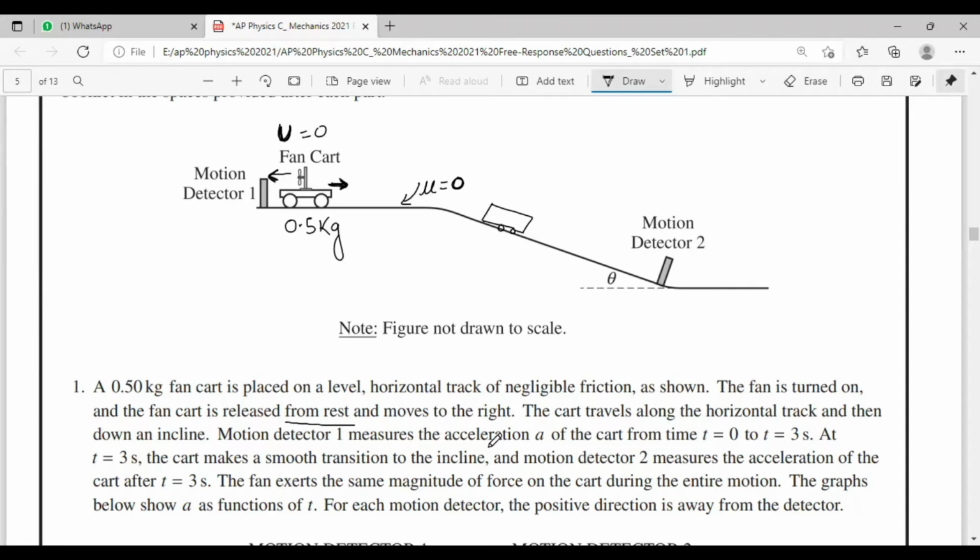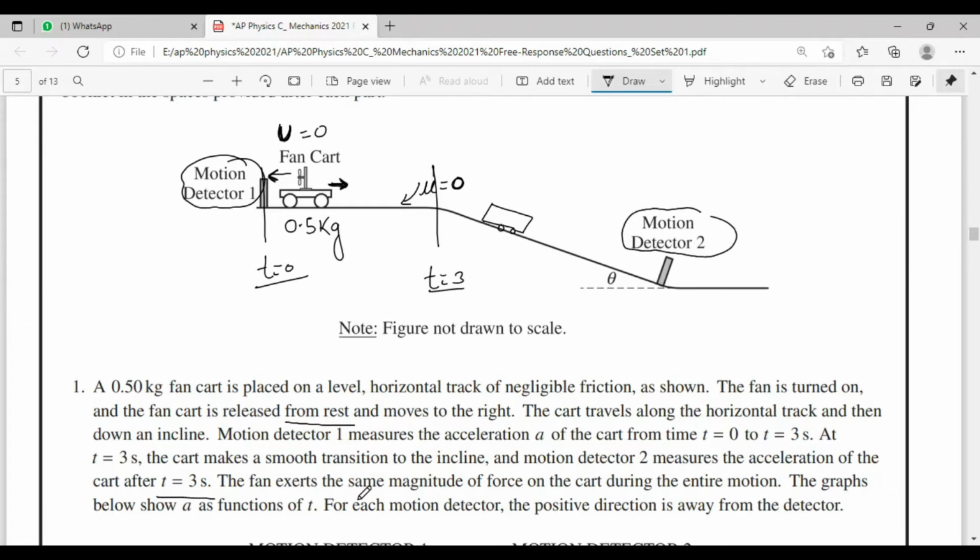Motion detector 1 measures the acceleration a of the cart from time t equals 0 to t equals 3 seconds. So this is motion detector 1. At t equals 3 seconds, the cart makes a smooth transition to the incline, and motion detector 2 measures the acceleration of the cart after the 3 seconds.